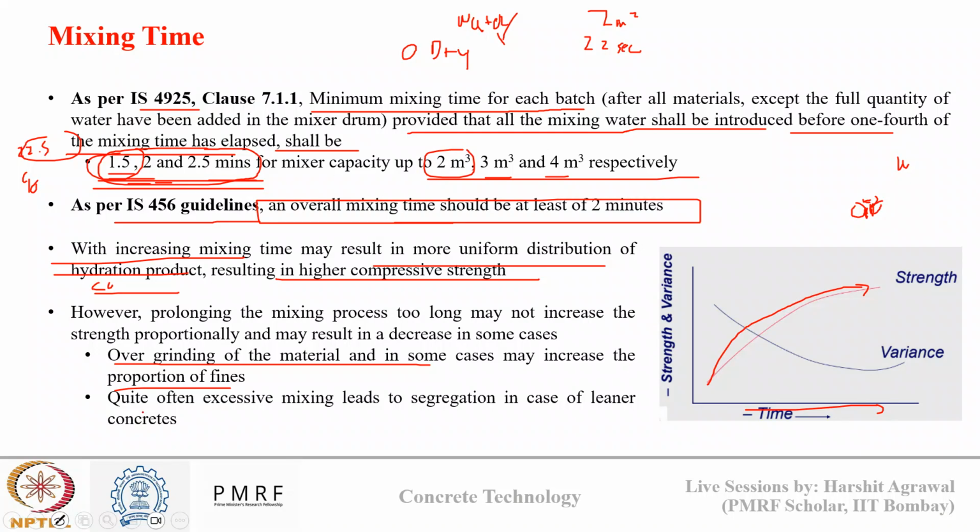Excessive kneading can also lead to segregation. If I have a self compacting concrete, excessive mixing time can lead to segregation in the concrete. That's why you can see this line taking a plateau, after which it will start to decrease again because of too much mixing time.